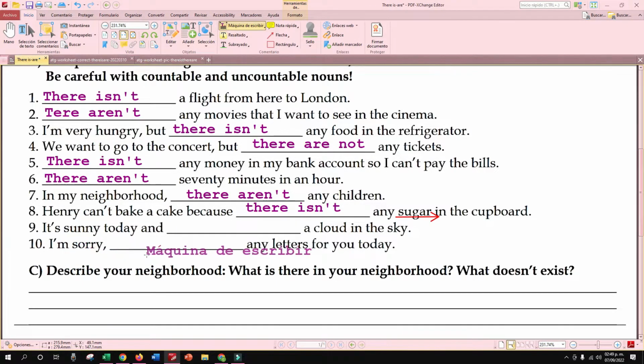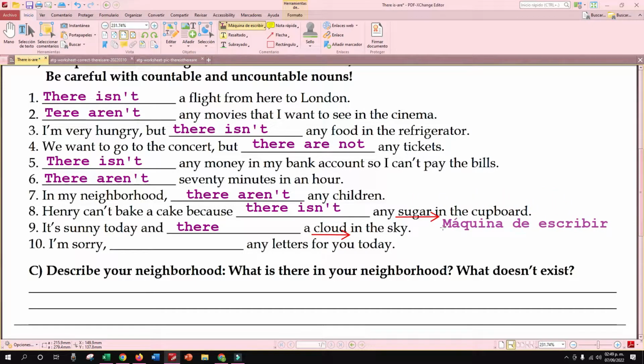9. It's sunny today and a cloud in the sky. Look at this one. A cloud in the sky. Which could be there? Do you know cloud, guys? No? ¿Saben qué es cloud? ¿No? Nube, ¿verdad? Una nube.